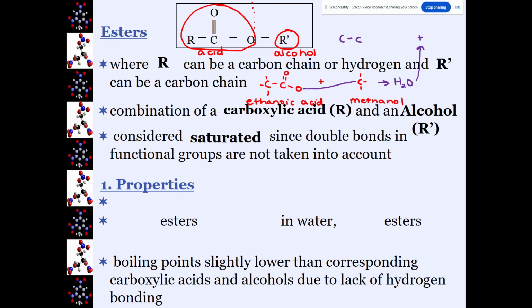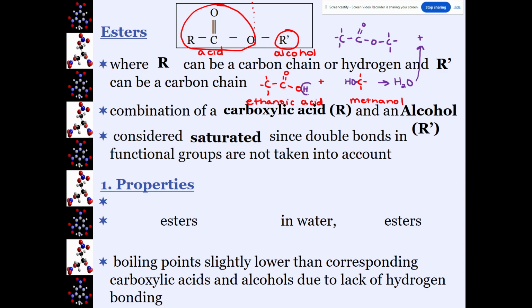There were 2 carbons from the acid side that stay the same, but now this is bonded to the 1 carbon that came off of the alcohol. So again, if I write what they were, this was OH, my hydroxyl functional group on my alcohol.